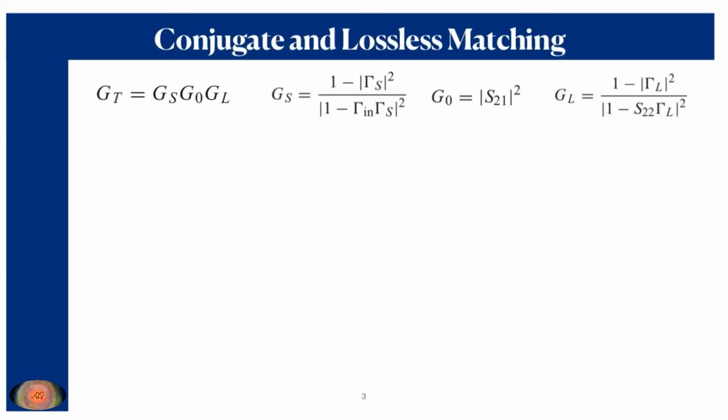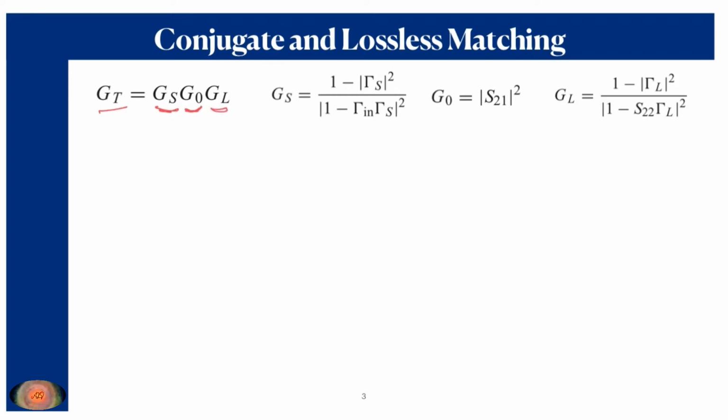In my previous lecture, you have seen that the total transducer gain can be represented as a product of the gain of the source matching circuit, times the intrinsic gain of the transistor or the amplifier, times the gain of the load matching circuit.